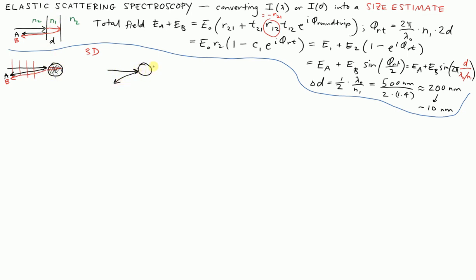Not even trying to take into account refractive effects, just looking at geometry here, you can see that the reflection that would give us the interference with that is now at some different angle here, some theta, that's not a perfect backscatter direction.